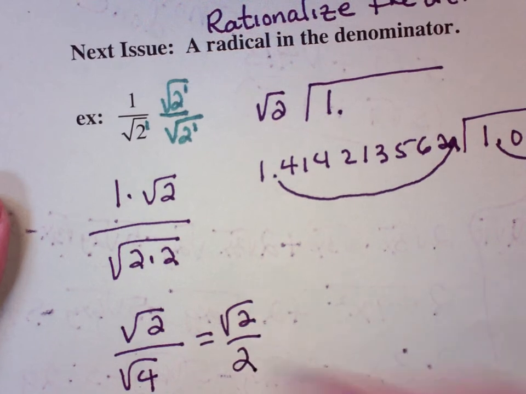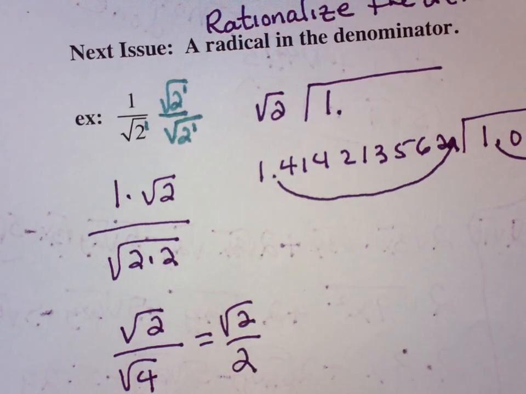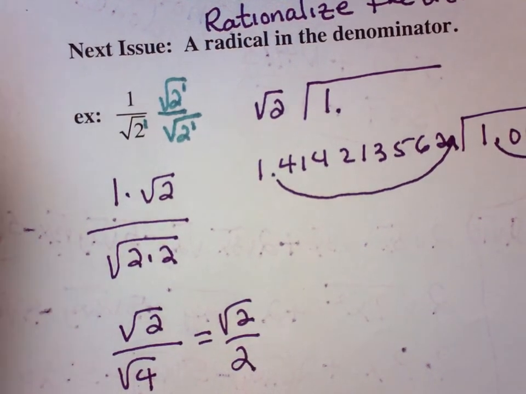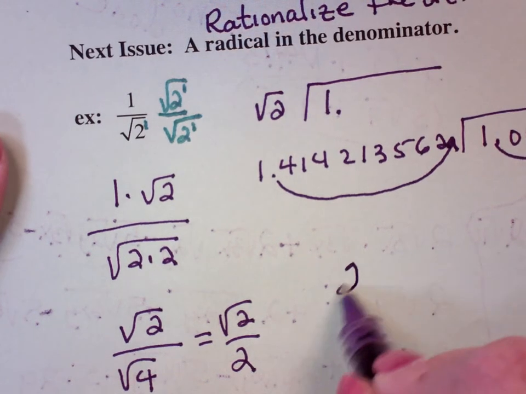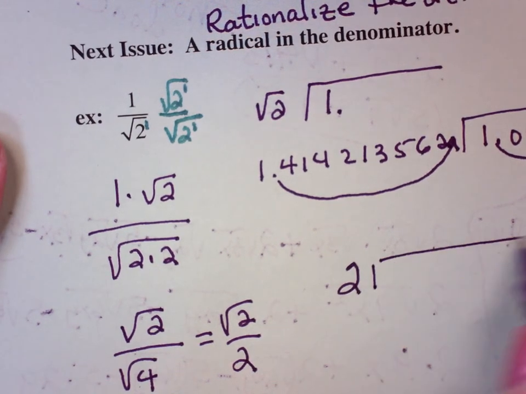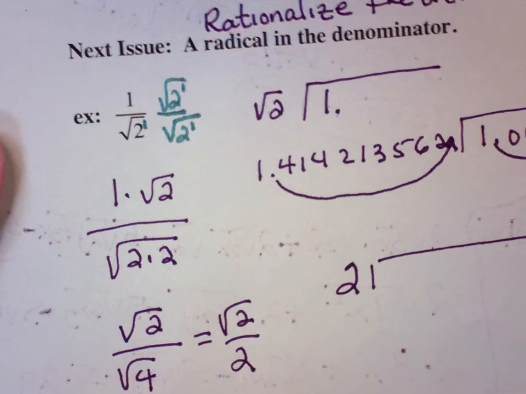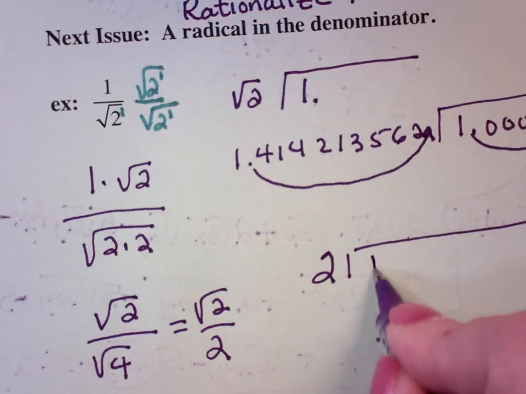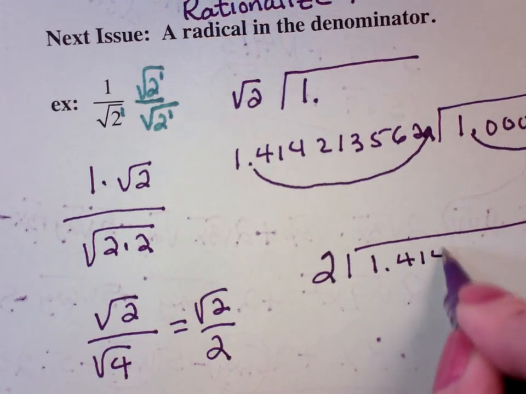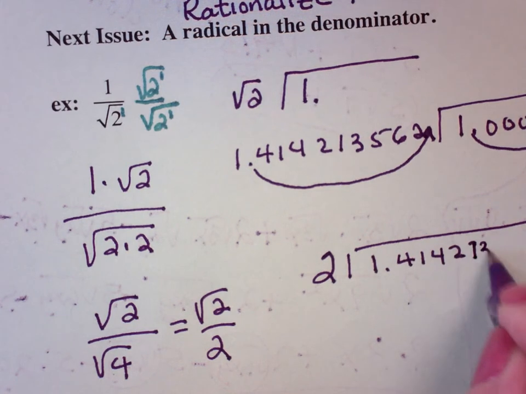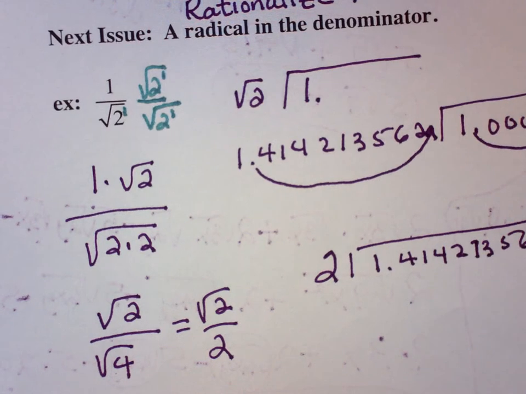So you can say, well, what difference does that make? Well, if I'm doing a division, this says now take the whole number 2, divide it into the square root of 2. 1.414213562. That's a very easy division that you can do by hand.